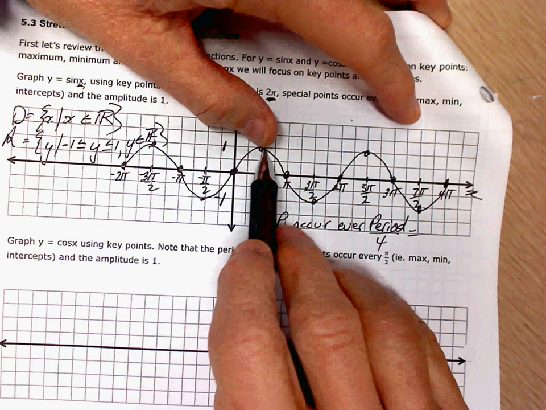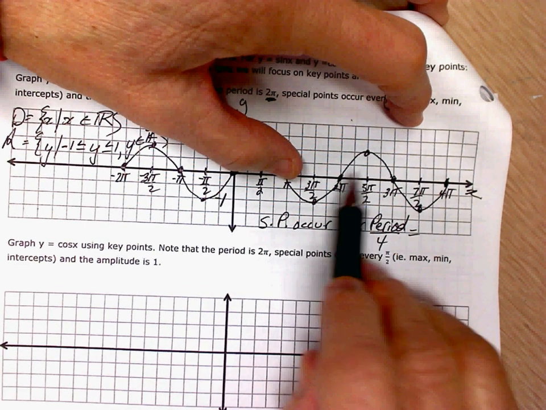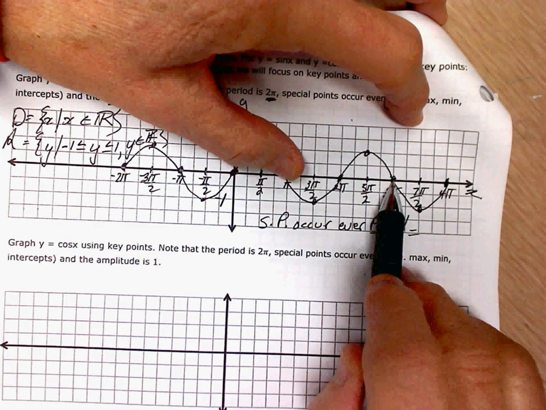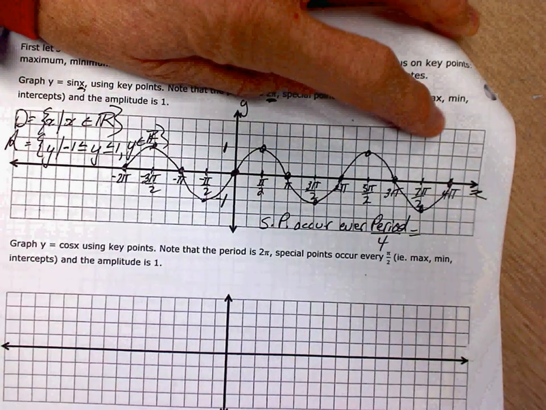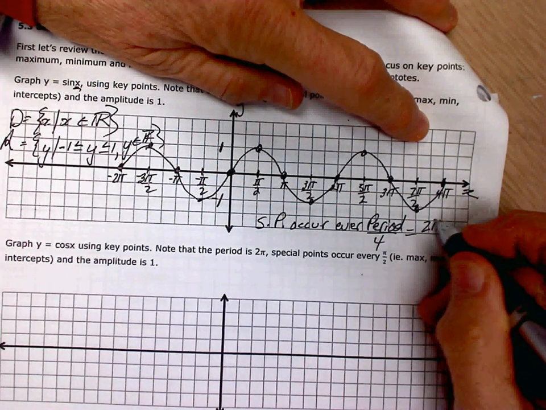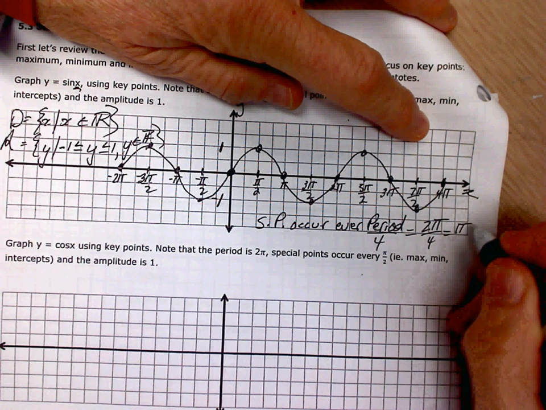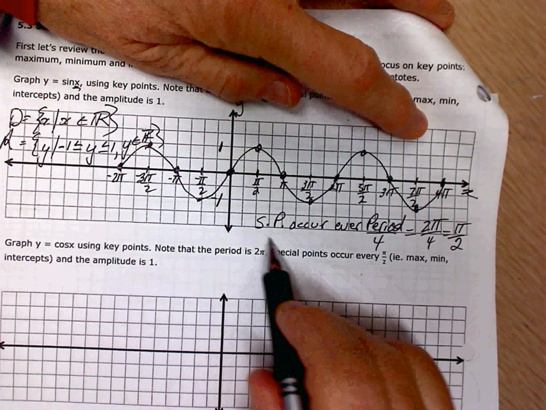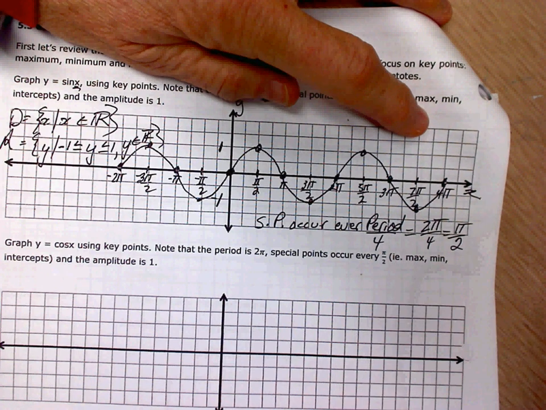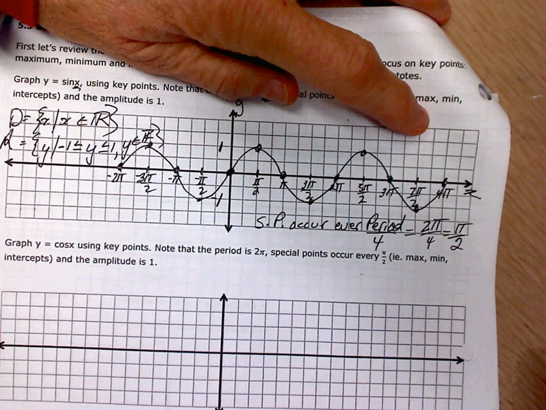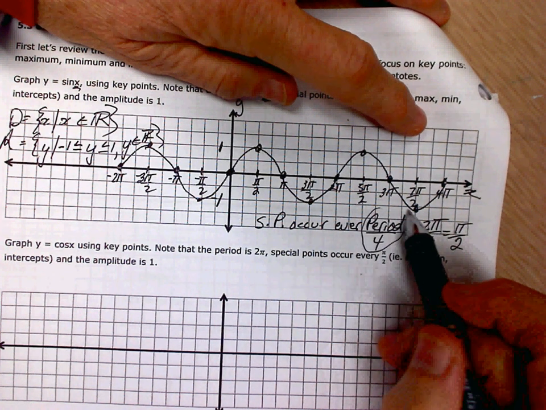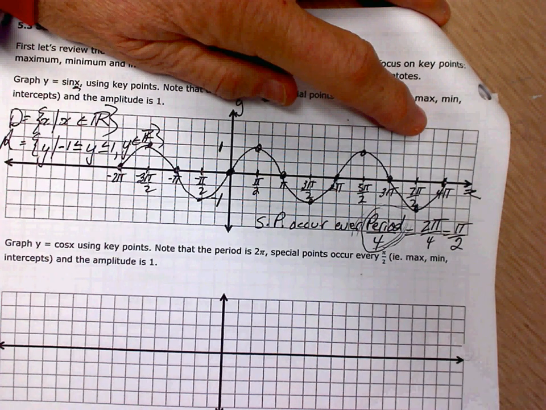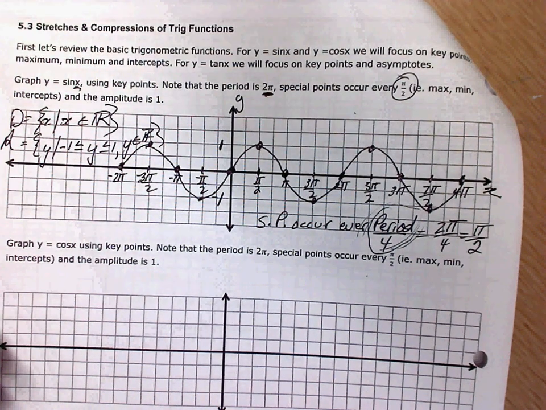Whether I measure it from there to there, one complete cycle, the period is 2 pi divided by 4 equals pi by 2. So notice the special points occur every period divided by 4. I'm just making you aware of a new little equation that will help us out in today's lesson.